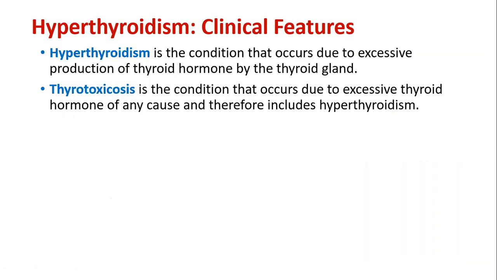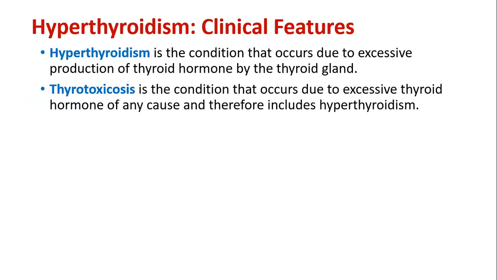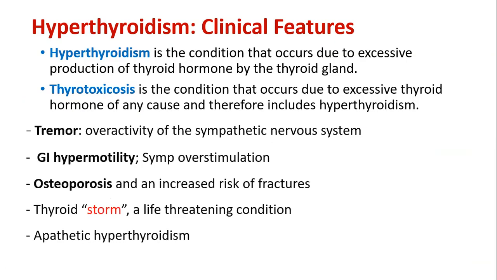Hyperthyroidism is a condition that occurs due to excessive production of thyroid hormone. What is the difference here? This slide is just to think about the difference between these two terms.